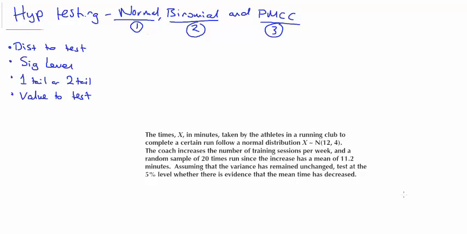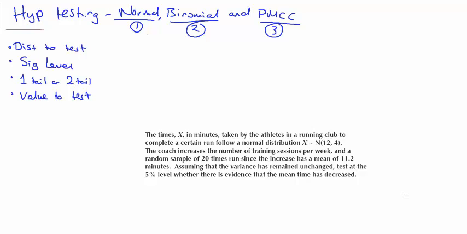The coach thinks that, having increased the training sessions, he's taken a sample of 20, and since the increase he's noticed a mean of 11.12 minutes. Assume the variance has remained unchanged. Test at the 5% level, that's your significance level, and suggest whether there's evidence the mean time has decreased. That's hinting towards what the test should be.